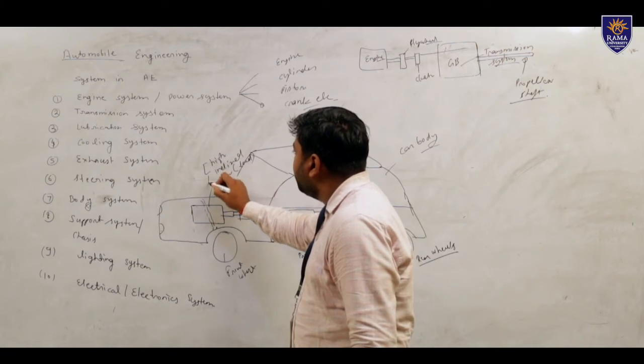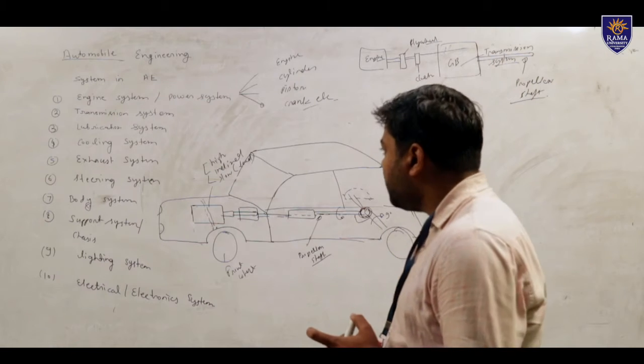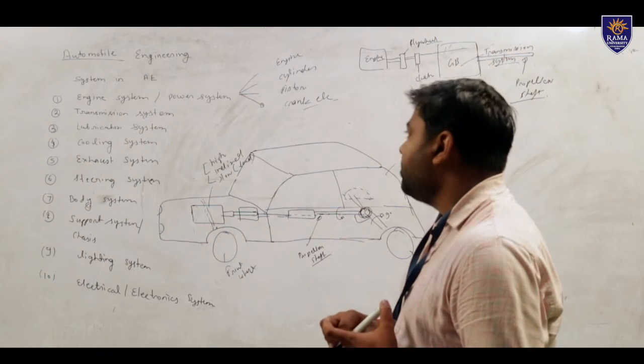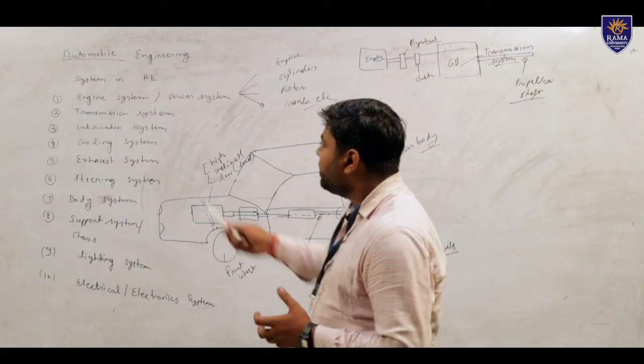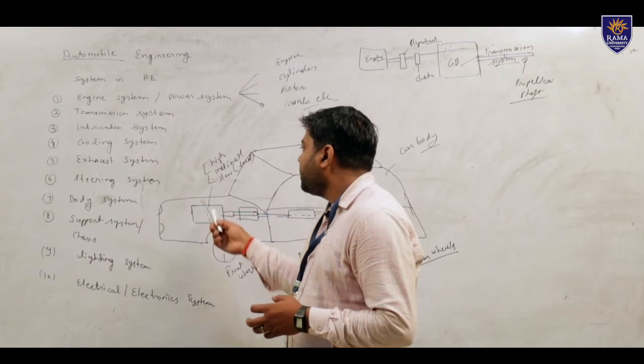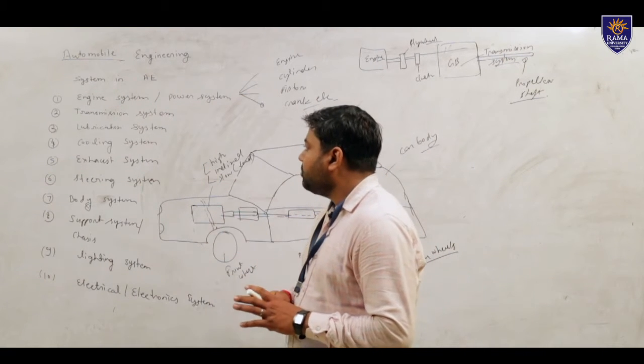In these three cases, the engine will heat up far above the normal temperature. So cooling is very important, otherwise the engine will seize. In the cooling system, cooling fluid is provided to the engine, and different types of cooling system are available.